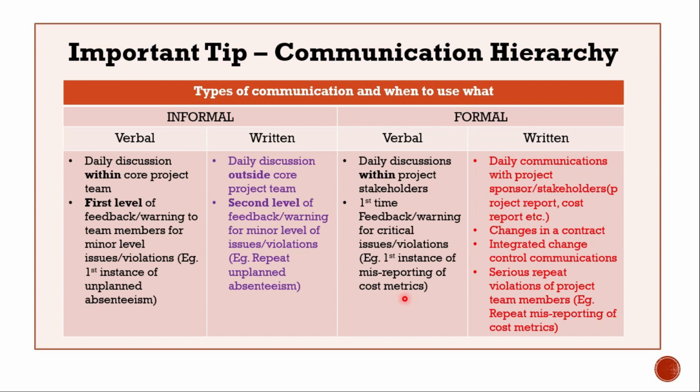Is it a calculation mistake, or is it a deliberate thing, right? And the final one is formal written communication, when there are serious repeat violations of the same mistake, like when you get to know that this is a deliberate mistake and it's being committed again and again. Then you do a formal and written communication and document everything over emails and papers if necessary.